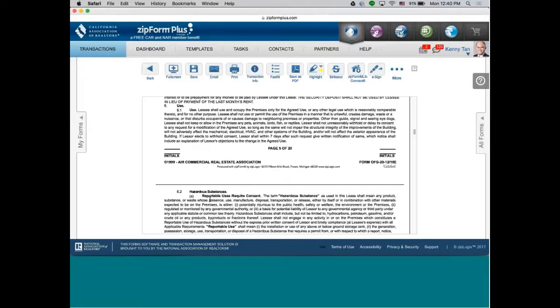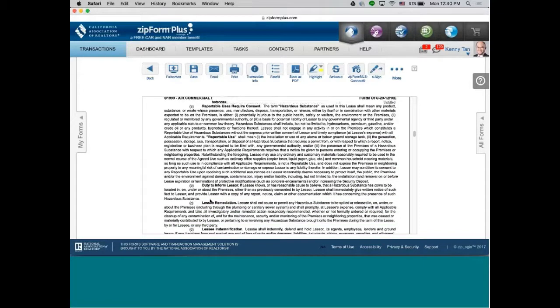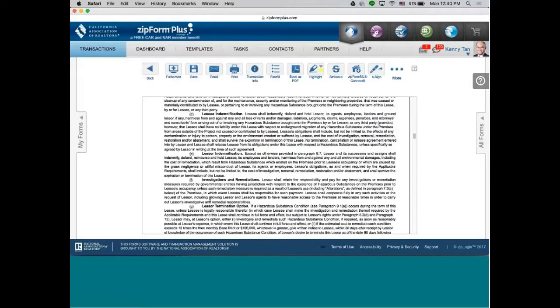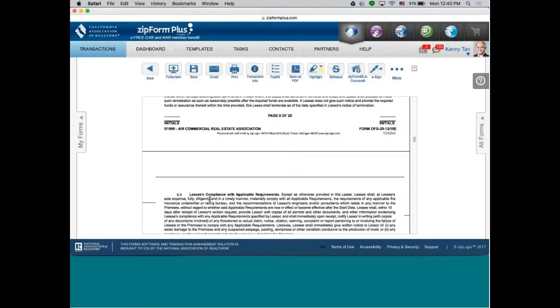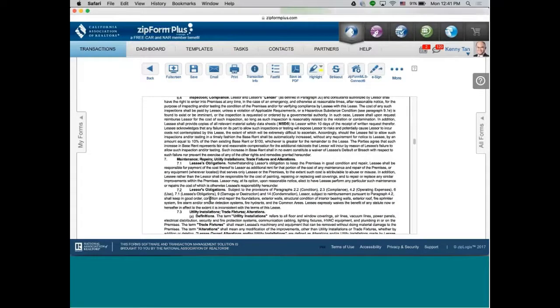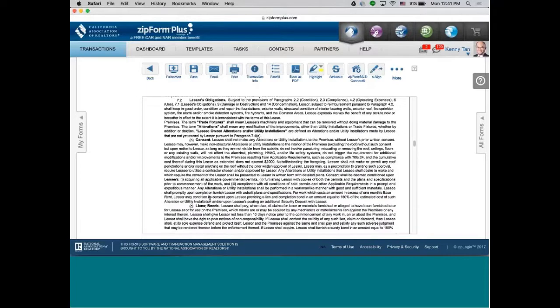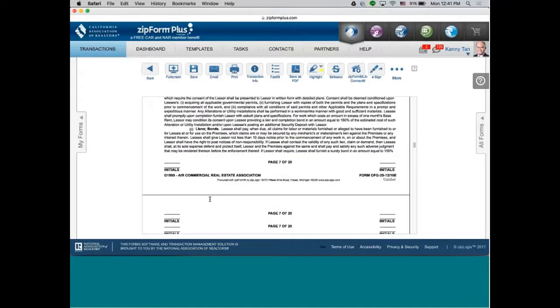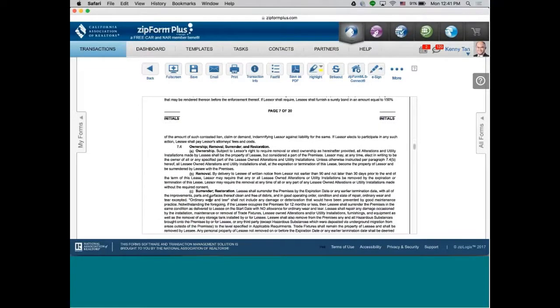We'll skip this. Hazardous substances we covered before, so we're skipping that. And lessee's compliance with applicable requirements, we covered that. Inspection compliance covered. Maintenance, repair, utility, installation, trade fixtures, alterations, we covered. Ownership, removal, surrender, restoration, we've already covered that, so we'll skip it.